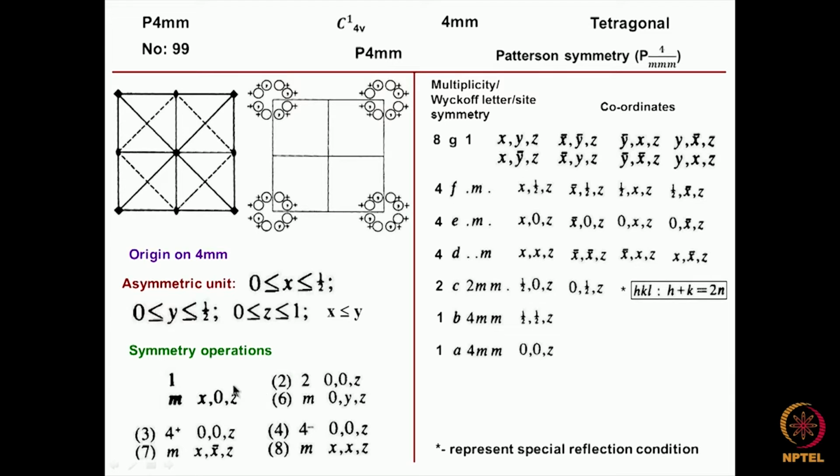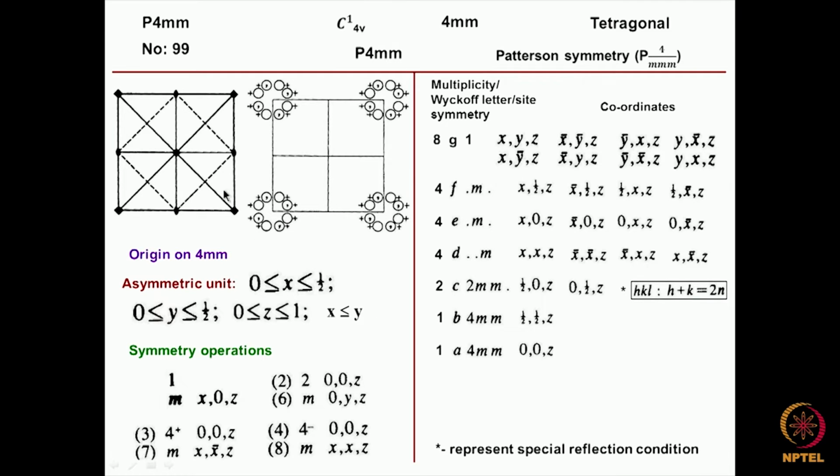What symmetry operations do we have when we say 4 mm? 1-fold rotation is there, 2-fold rotation is there, there are 3 types of mirrors, right? Then 4-fold rotation, in the positive direction as well as negative direction. So total 8 symmetry operations are possible.